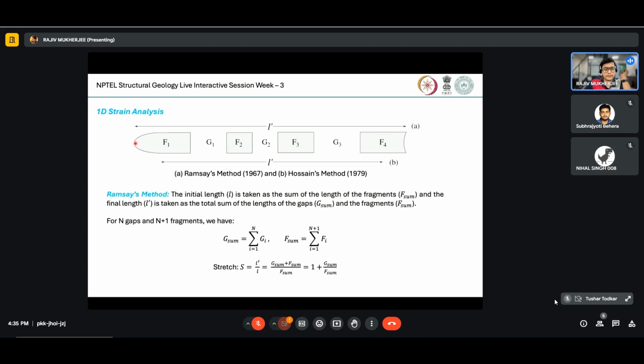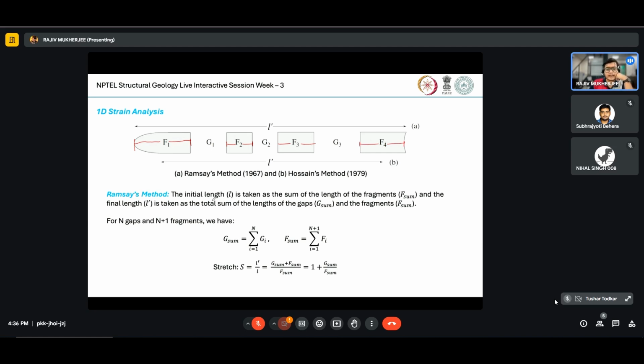For F1 we measure the length from here to here, for F2 it will be here to here, and similarly for F3 and F4, right?